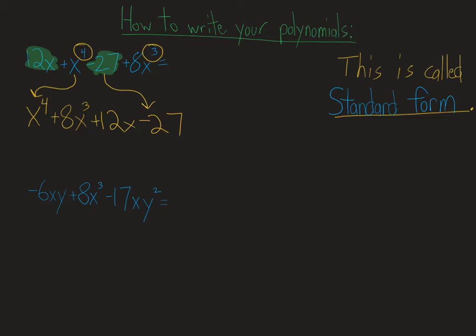So to be clear, highest exponent first, and then descending, that means going down from biggest to smallest.